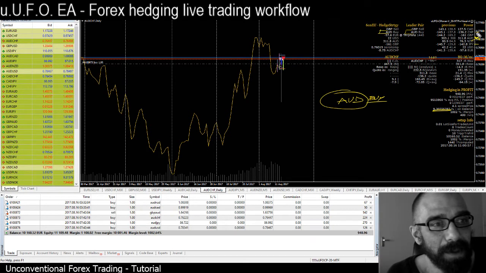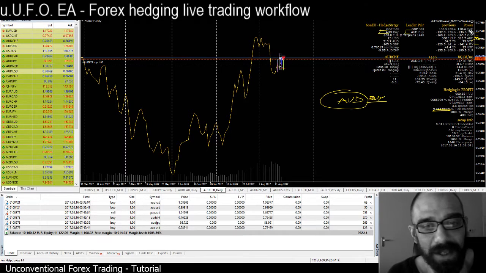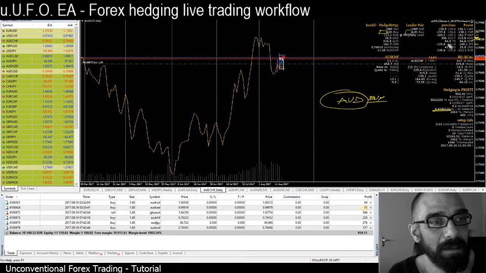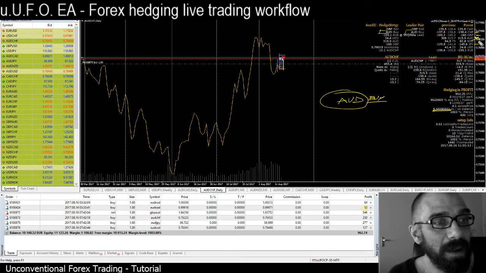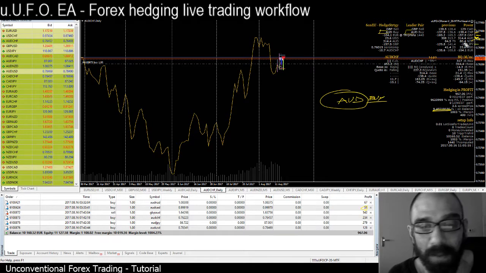The currency pairs. Now CAD has retraced a lot, and in fact Aussie CAD has retraced, you see here. But CAD was negative. Swiss franc is still negative, good. GBP negative. New Zealand dollar positive, but not that much, and it was negative.